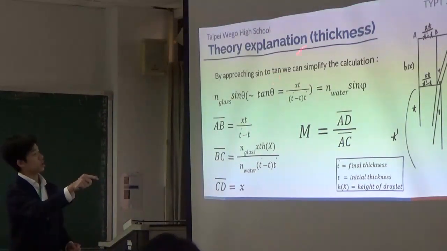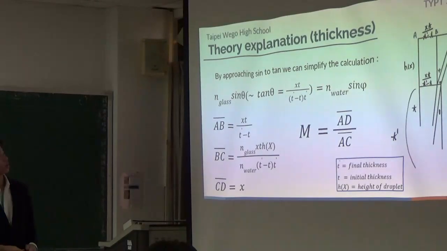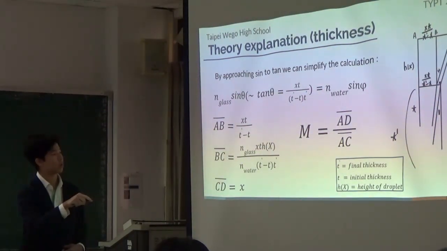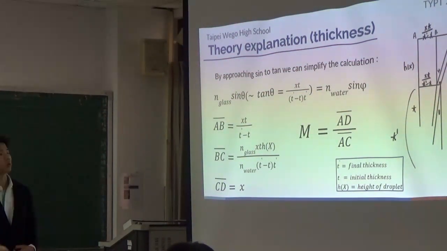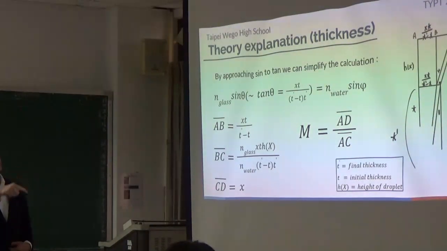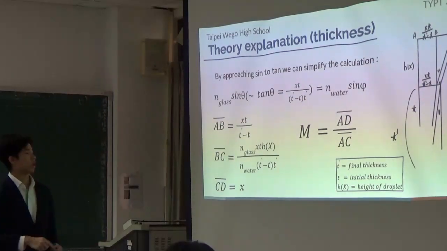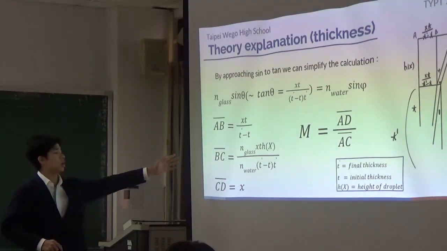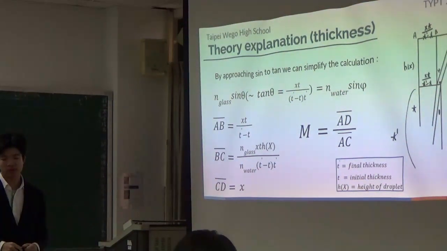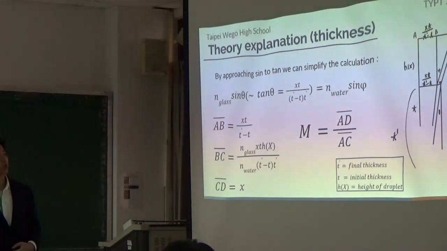So we improved our theory, and there is a geometry figure as shown here, and we can know that as we increase the thickness of glass, we get a bigger magnification.